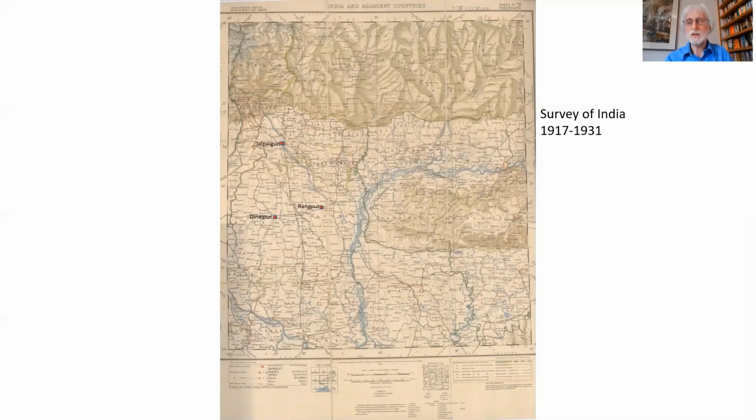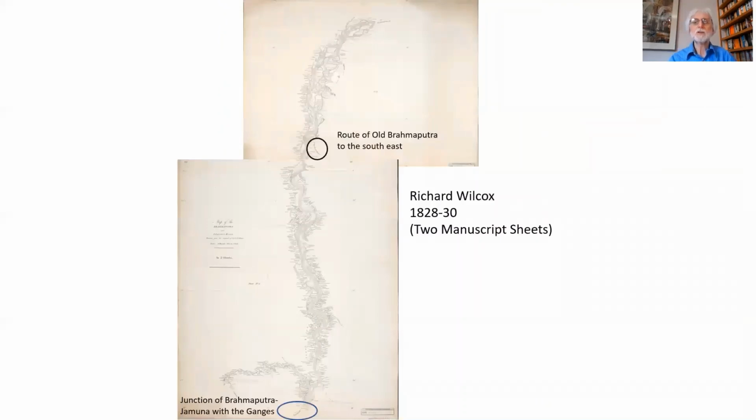Go back another 100 years, and Richard Wilcox surveyed the Brahmaputra between 1828 and 1830, and these are the two manuscript sheets that provide his survey data. The northern sheet at its southern edge shows a spur channel leaving the Brahmaputra, and that's where the map marks the route of the old Brahmaputra.